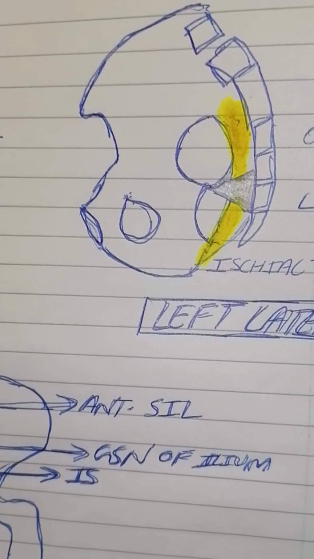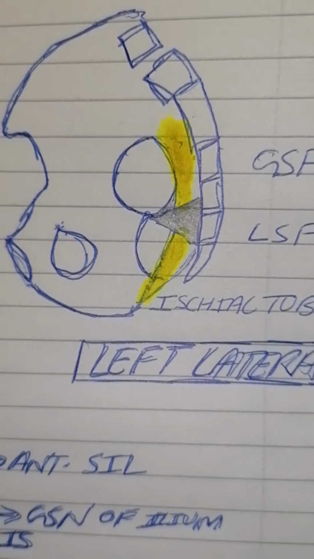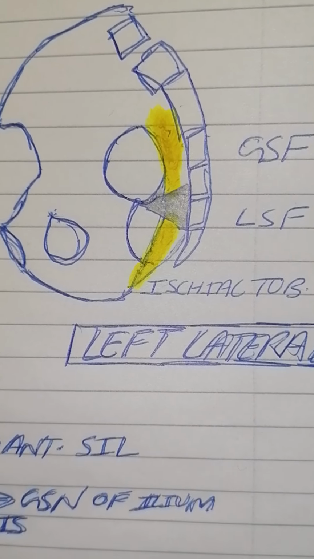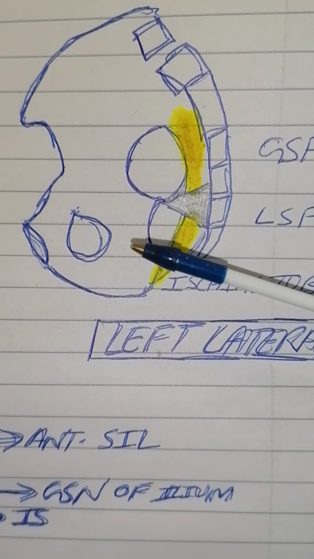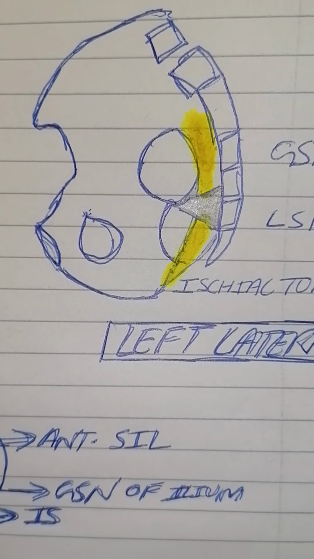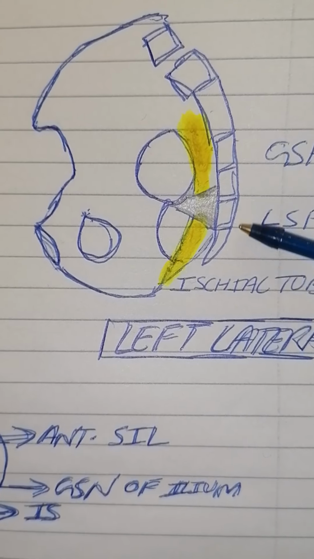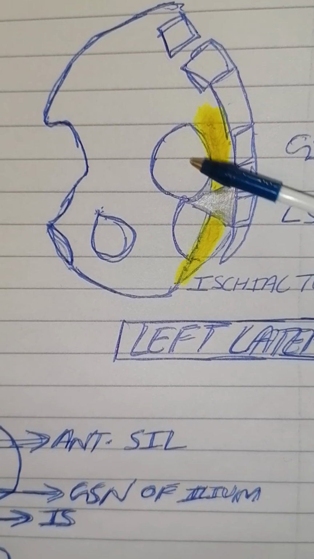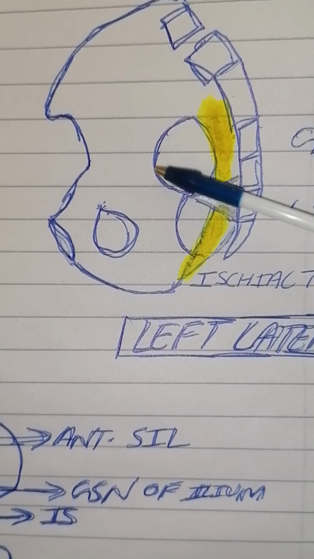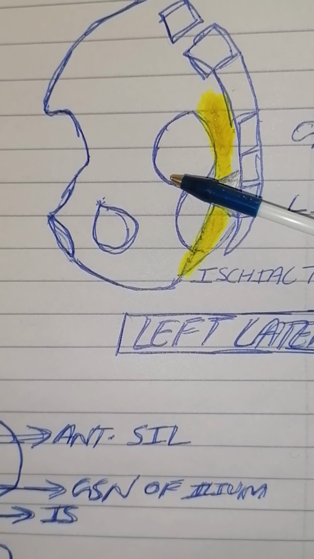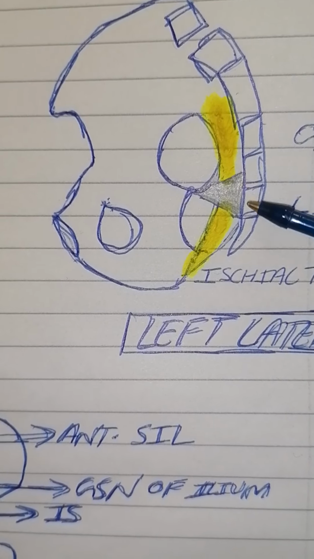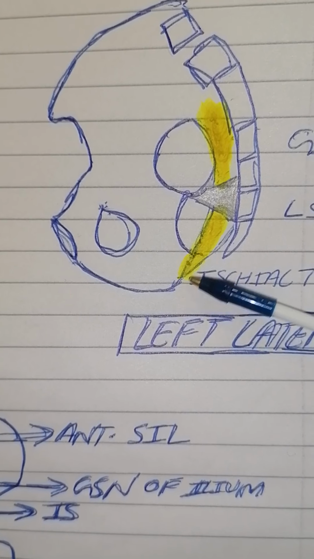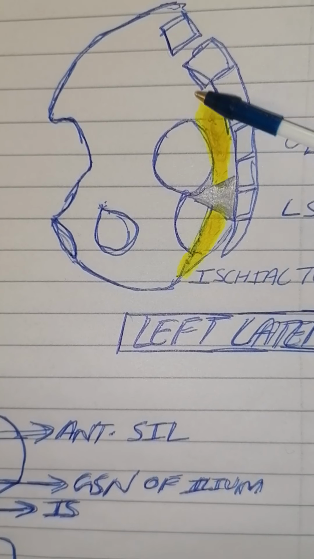On another view, the lateral view, it helps to understand these foramina. This is a left lateral position, a left lateral view. Here is your sacrum going down, and here's the bone. Now here is your greater sciatic foramen created over here. This one over here from your sacrum going down till your ischial tuberosity.